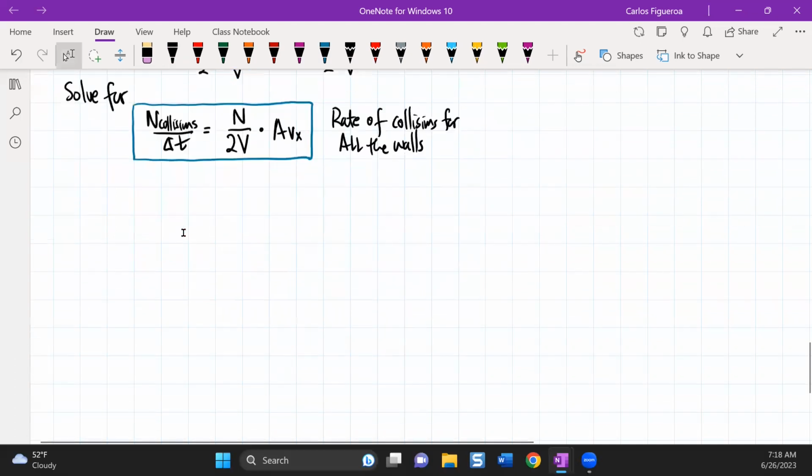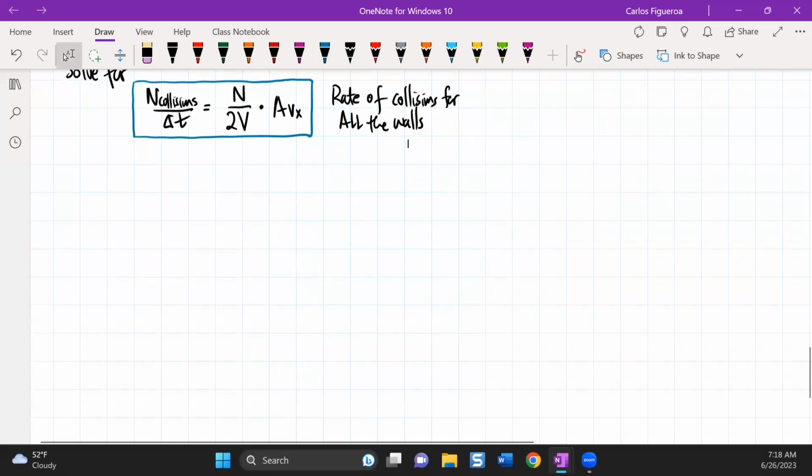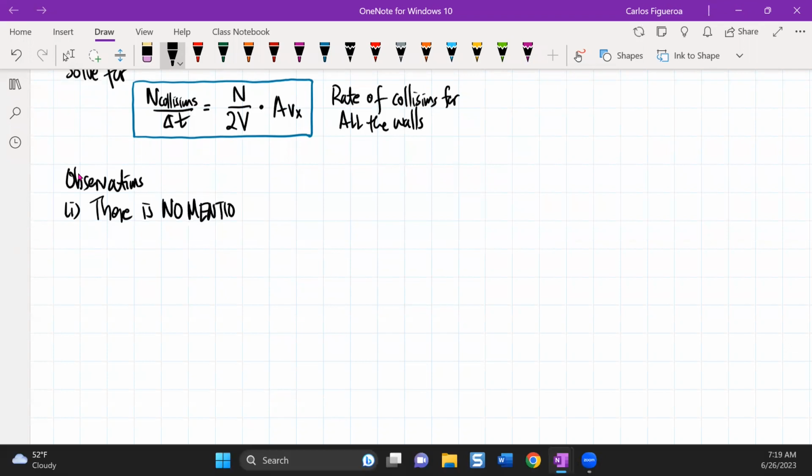Now there's some good observations here that's worth looking at. The first observation that I would say, the first thing is that there is no mention of the type of gas particle.